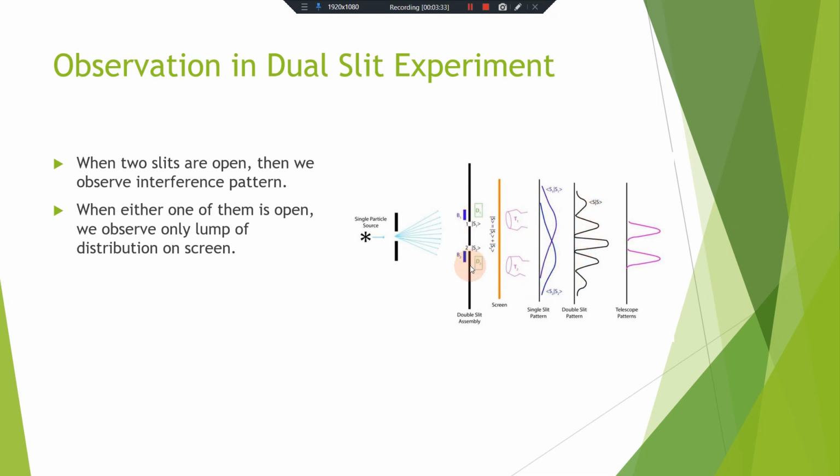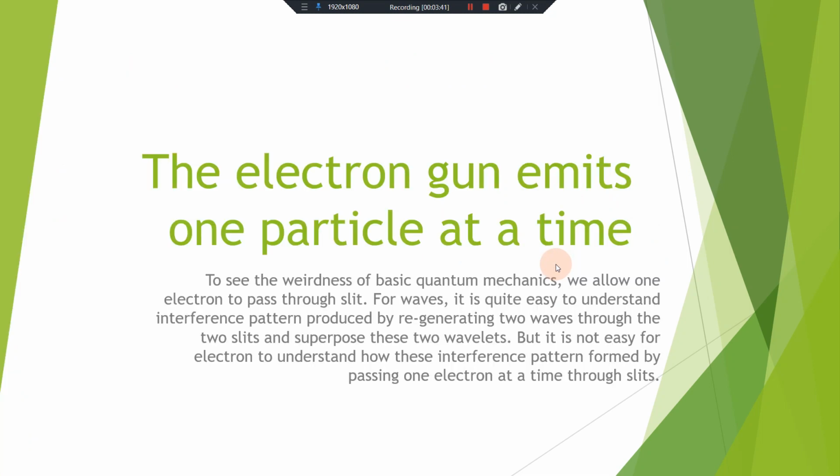And when the two slits are open, this produces the interference pattern, which is extremely counterintuitive in the context of classical physics. The electron gun can emit one particle at a time.